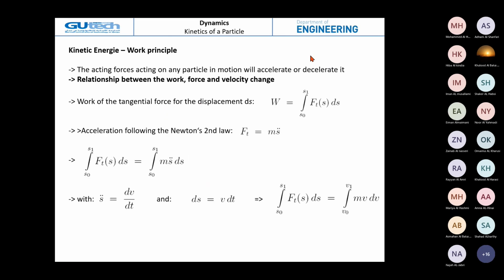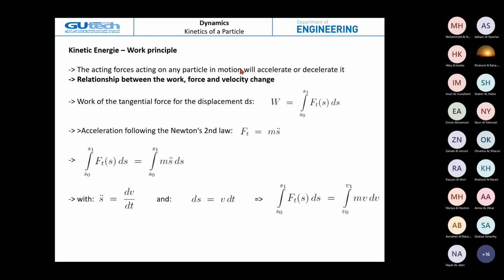Now, using this, we can come to what we call the kinetic energy or the work principle. In this case, the acting force on any particle in motion will accelerate or decelerate it.